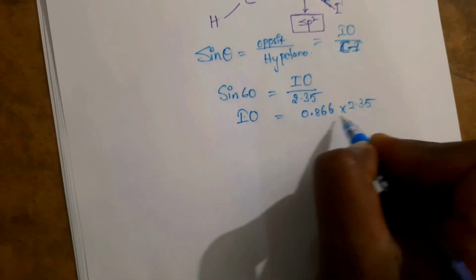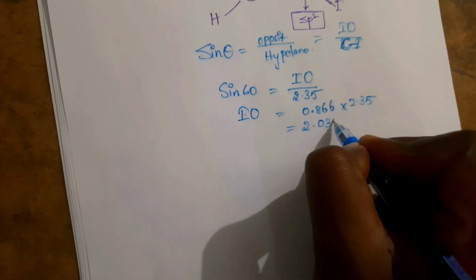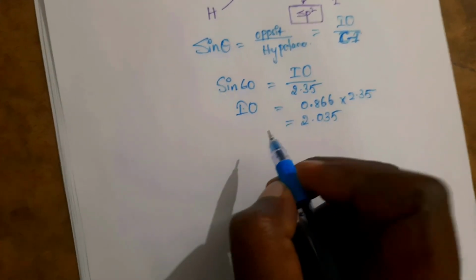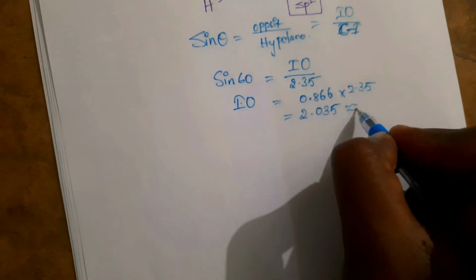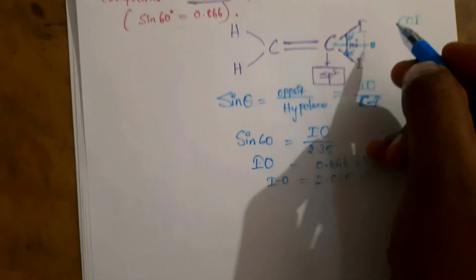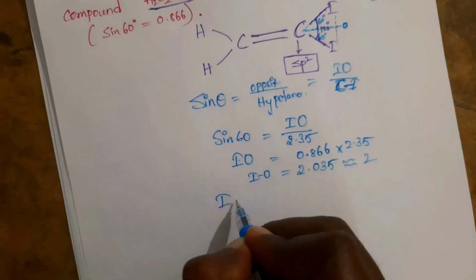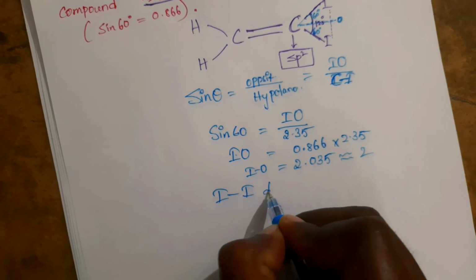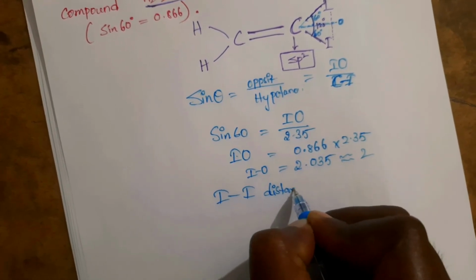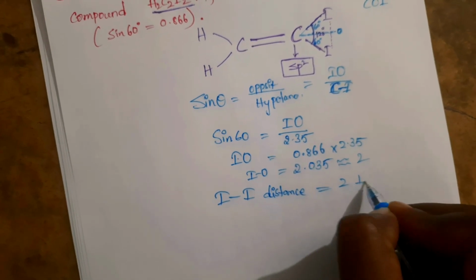Multiplying these two, you get approximately 2.035, which we consider simply as 2. The I to O distance is 2. Now in this diagram, the I to I distance is 2 times the IO distance, is it or not?